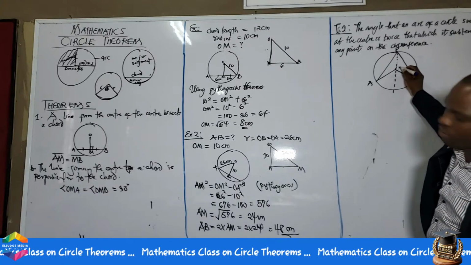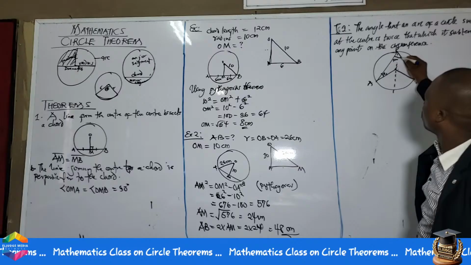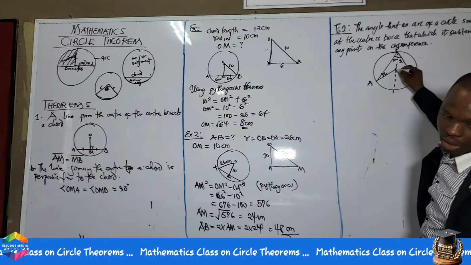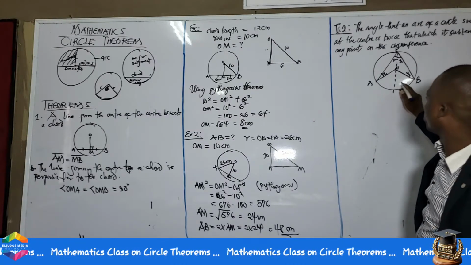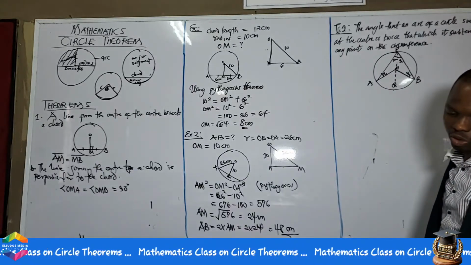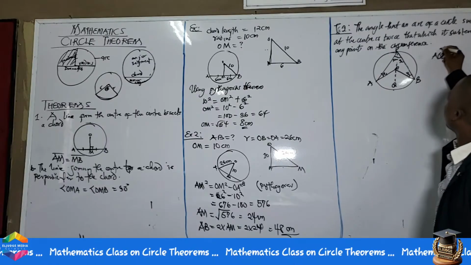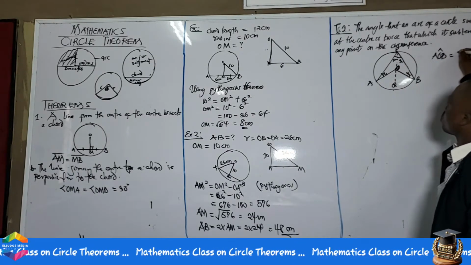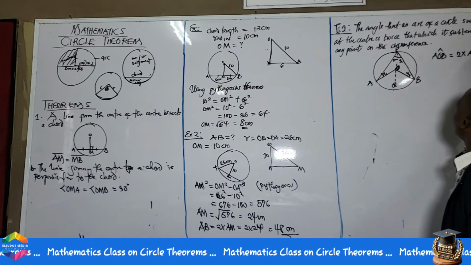We are going to have x1, x2, y1, y2 here, and this is our center O, and this is point Q. So actually what we want to prove here is that angle AOB at point O equals 2 times angle APB.